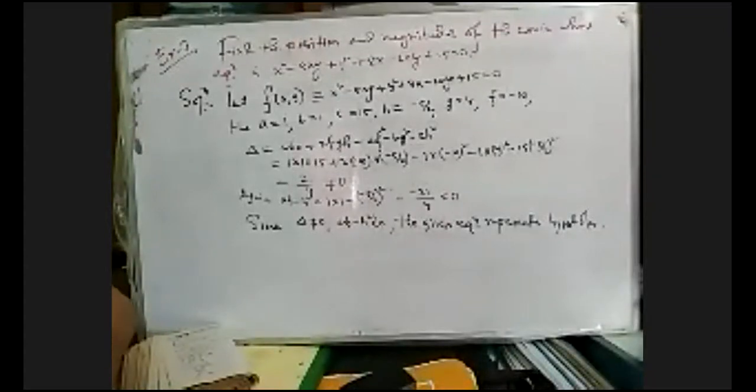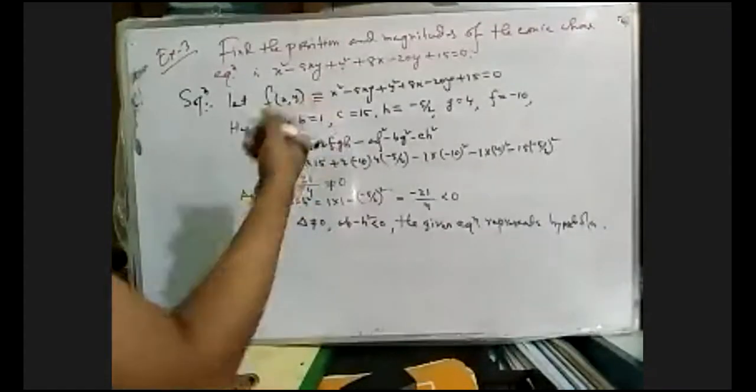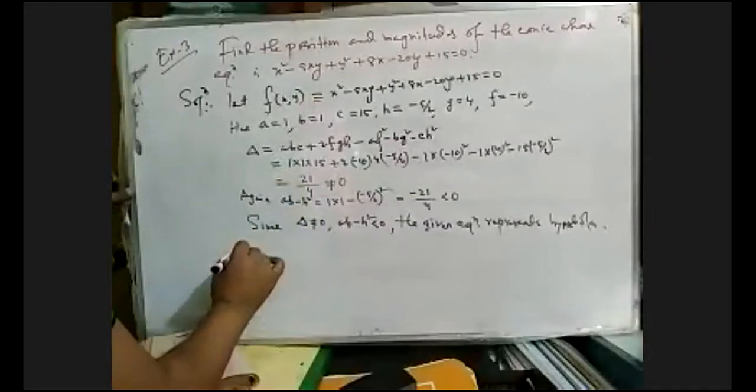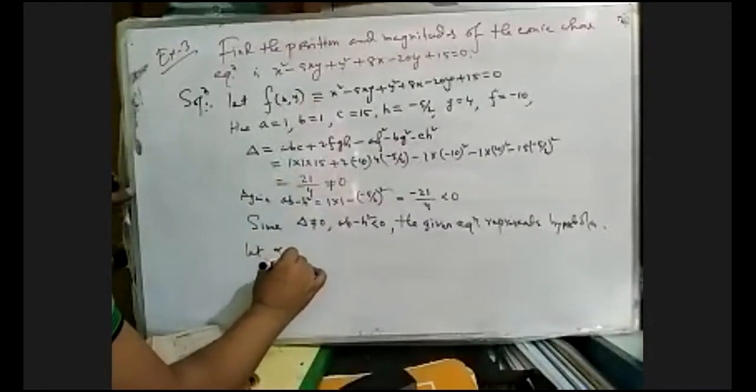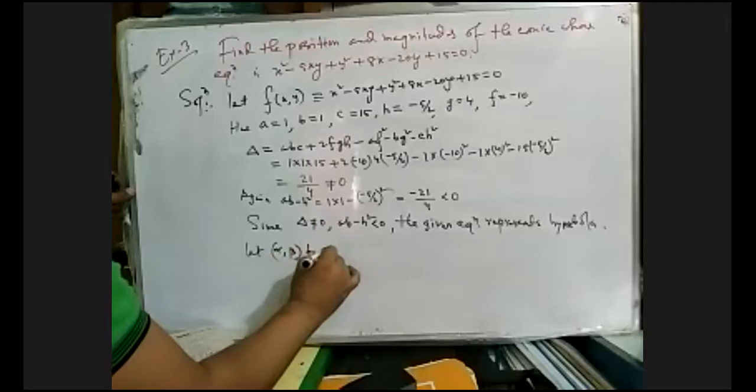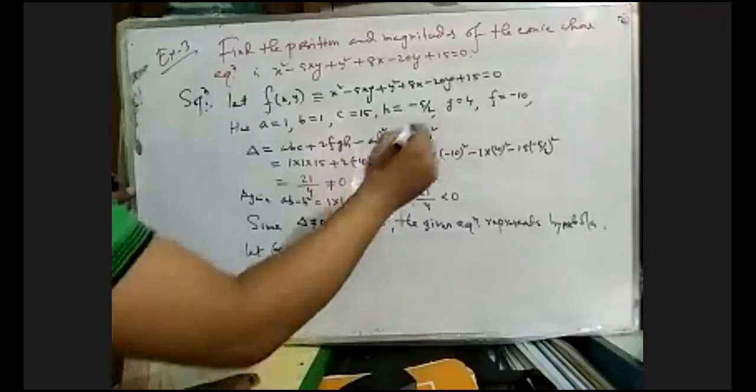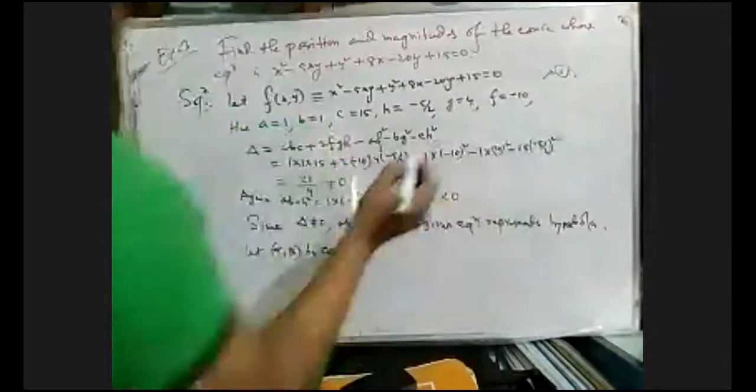So from the previous example, we can find: let (alpha, beta) be the center of the given equation 1.